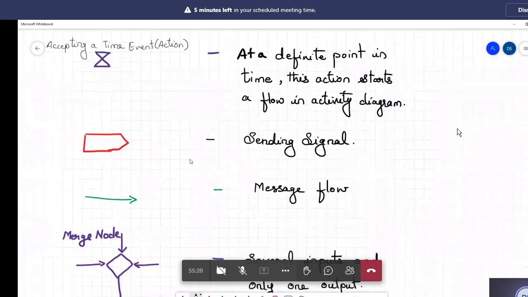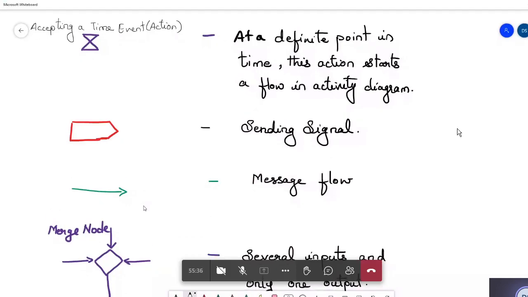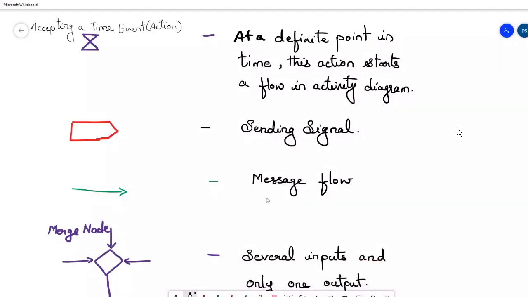This is for sending message flow or transition, data flow we can call it, also control flow or edge flow. So many names can be given to it. I'll just write so that you will be familiar with this. So we can say this is a message flow, or we can call it control flow also.